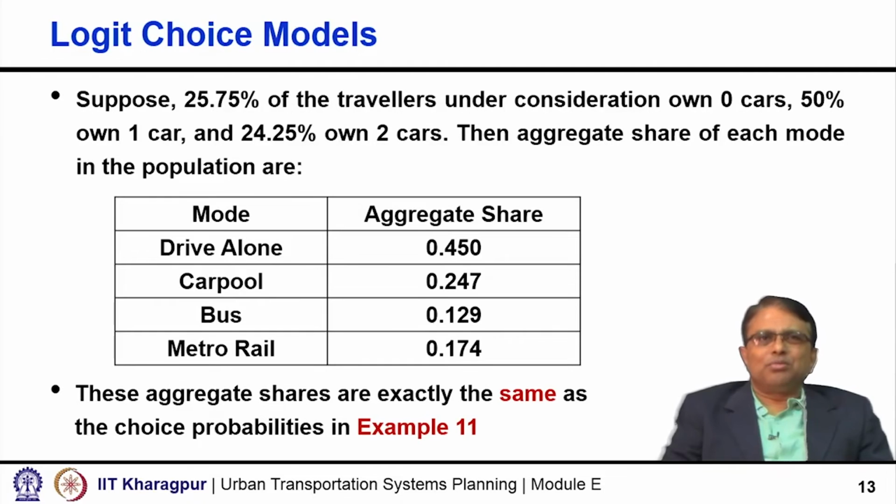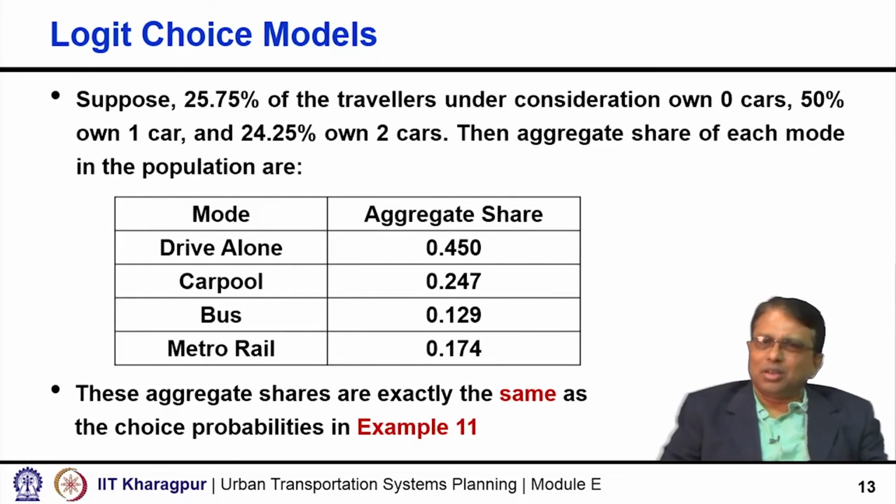And suppose, finally I want to summarize the overall distribution, that would be more interesting for you to see. So, I assume that 25.75% of the travelers under consideration own 0 cars, 50% own 1 car and 24.2% of the population own 2 cars.